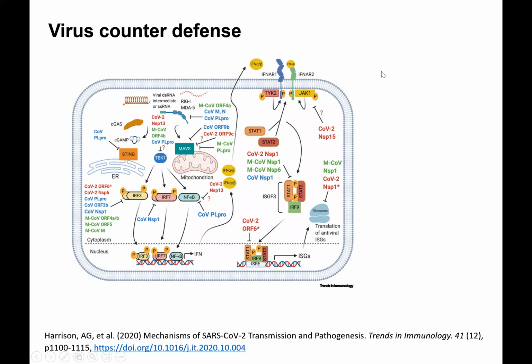So this is what they're learning about CoV-2, and it has multiple defense mechanisms to stop or block the host immune response. And a lot of these are on these viral accessory proteins, like you can see these open reading frames, 9B, 9C, 3B.